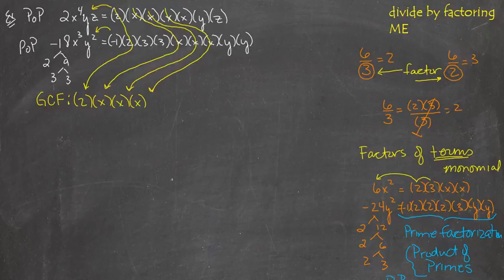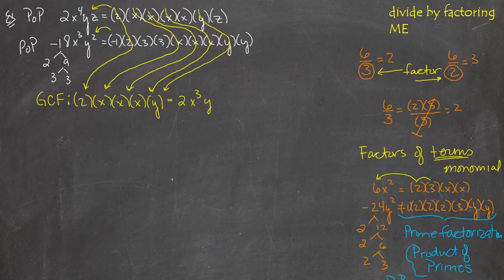I have a bunch of 3's here, but I don't have any 3's here. So I have a y that's common, and that's it. So I look for all the factors that are common to both numbers. I string them all together, and now when I multiply these, 2x cubed y, this is the greatest common factor of these two numbers.